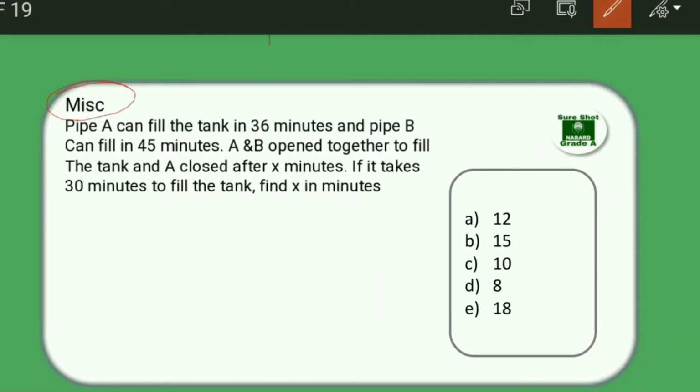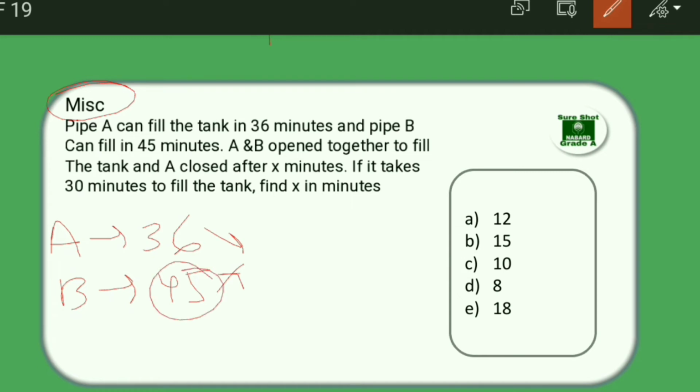Now the next question is based on pipes and cistern. Pipe A can fill the tank in 36 minutes and B can fill the tank in 45 minutes. In this kind of question we need to find the LCM to get how much pipe A and B can fill in 1 minute. To find the LCM, just take the bigger number and check whether it is divisible by the smaller number. 45, the next one is 90, which is not divisible by 36, and the next one is 135, which is also not.